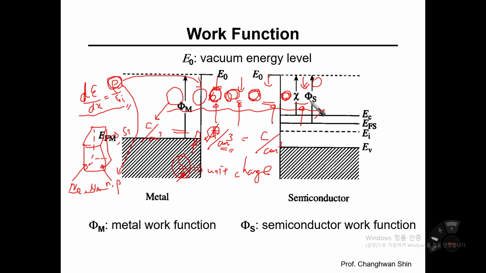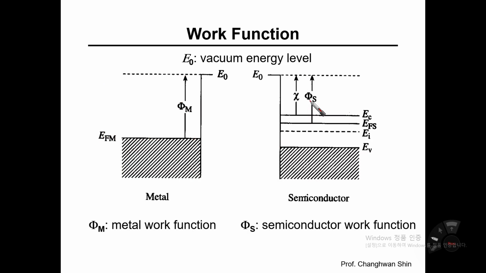Then now let's move on to the next one, work function. I guess in general physics class you have learned the definition of work function. What is it? Yes, the work function is defined as the energy required to take a single electron away from the material.